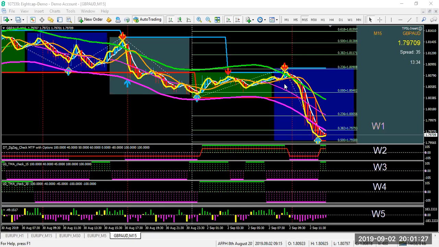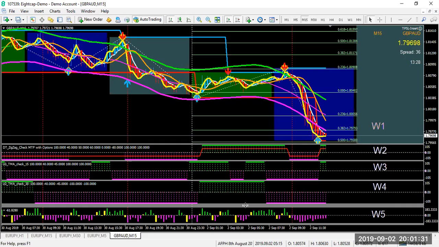Just a bit of information about pound Aussie. Generally most pound crosses, during the afternoon session, a pound pair will generally look for a high or low in that session.